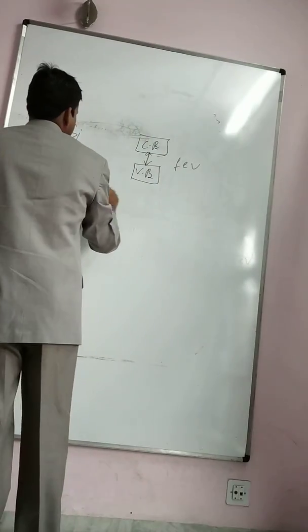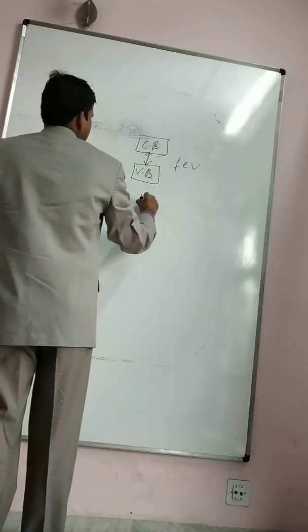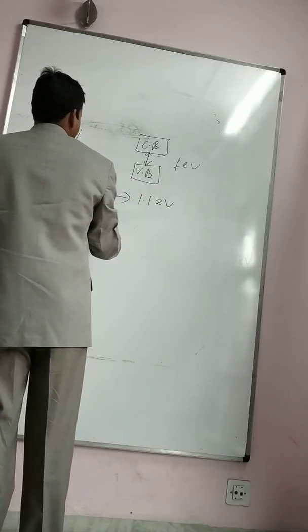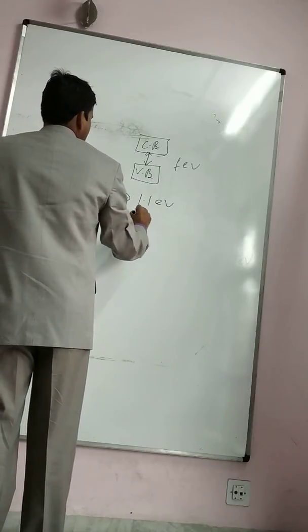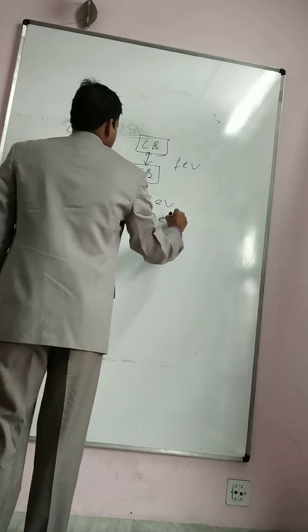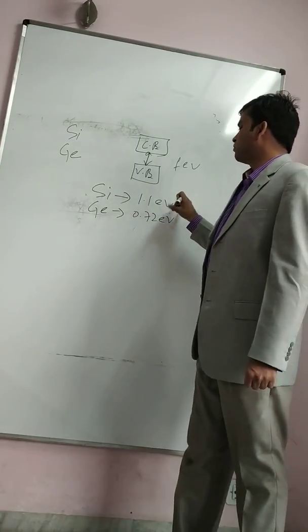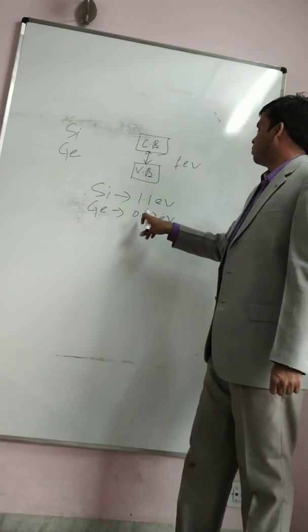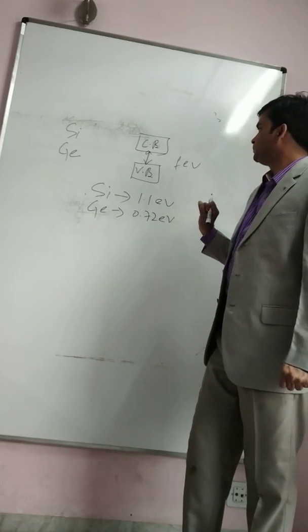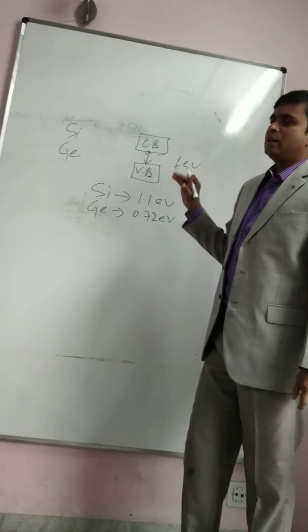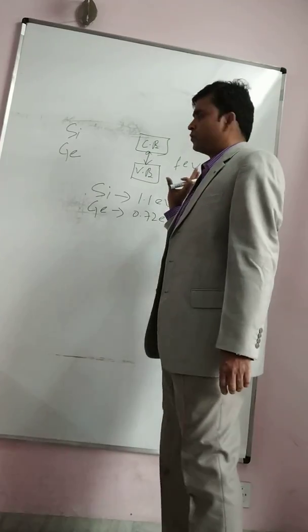For silicon it is 1.1 electron volt, and for germanium it is 0.72 electron volt. In general we can write it as about 1 electron volt.